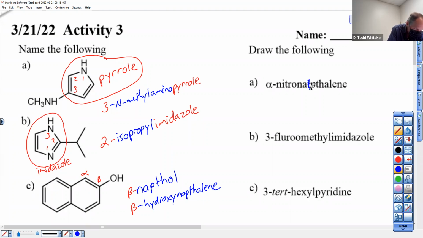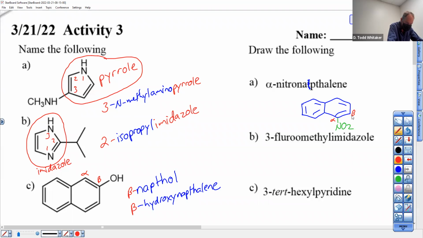Yeah, well, there you go. Alpha nitro, one of the positions that's 1 away from the bridgehead. There's 4 of them, just pick one. That's the alpha position. You've got alpha, you've got beta.